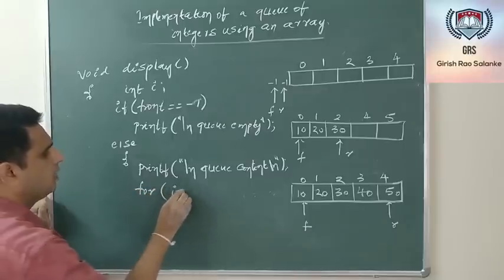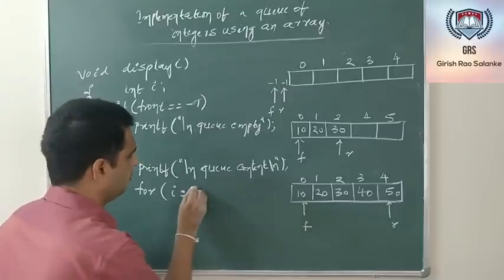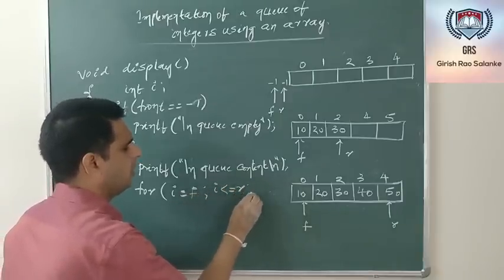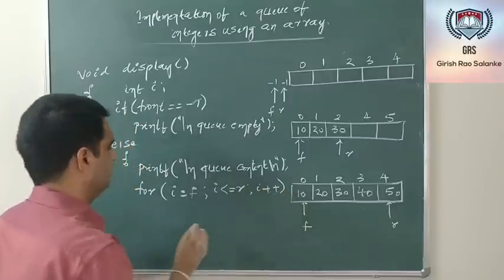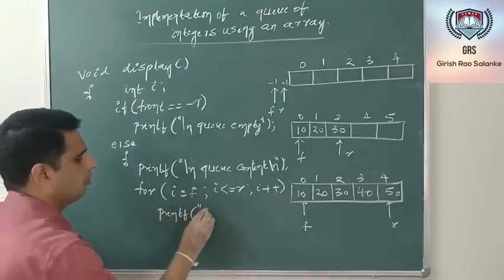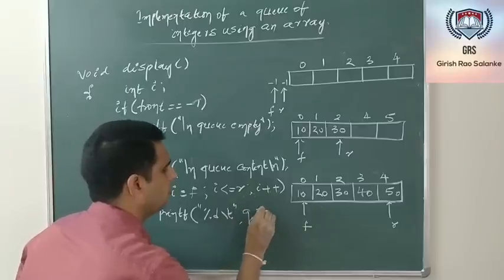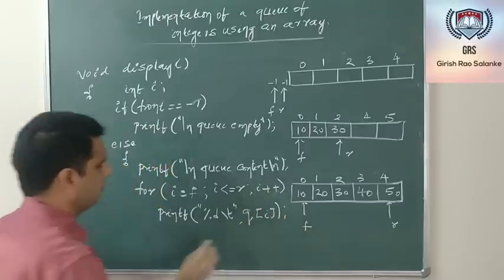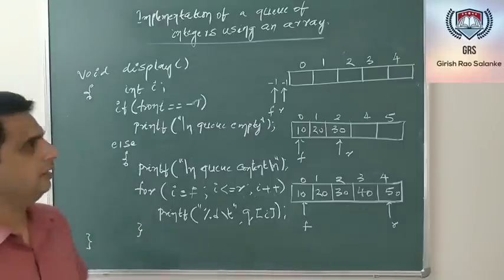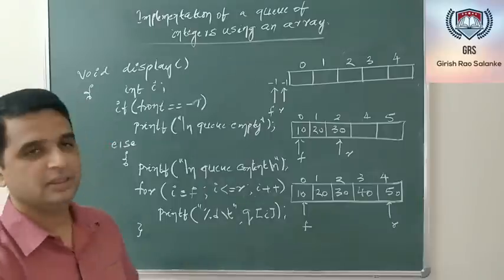For i is equal to, what is the value of initialization of i? i should be initialized to f. i less than or equal to r, i plus plus. Printf %d tab Q of i. Close for my else statement and close for my display. Hope this is fine. This is about the display function.